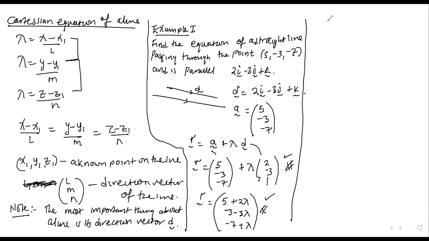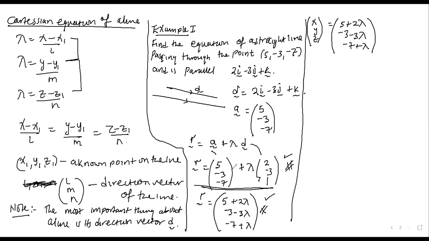You will find another book having it like this, x, y, z, which represents the position vector of r, an arbitrary point on the line. So it can also be written as (5 plus 2 lambda, -3 minus 3 lambda, -7 plus lambda). It becomes your job to redesign it into that format.